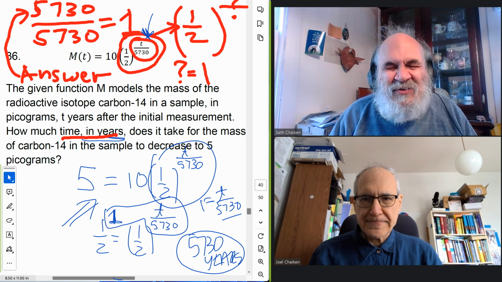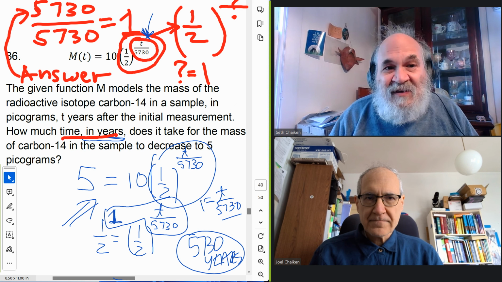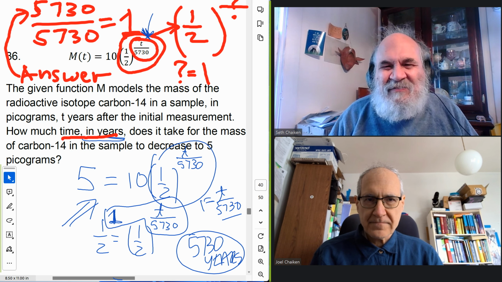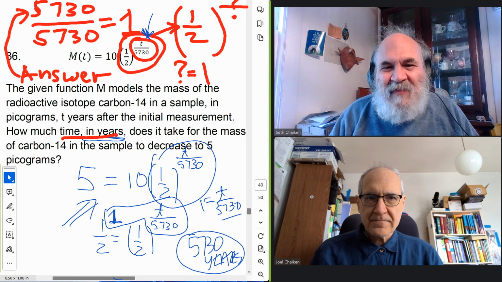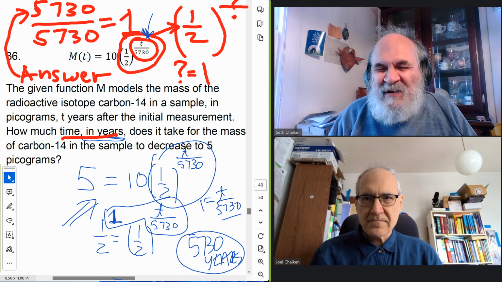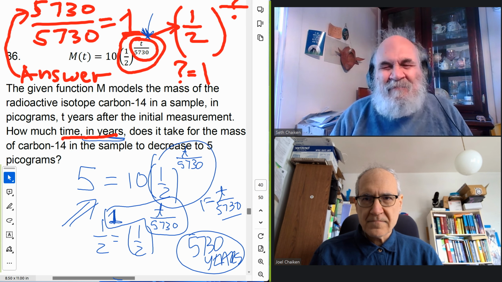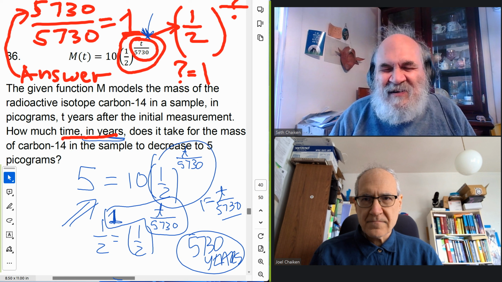The exponential needs to be 1/2 when the mass goes down to 5, and the exponential becomes a half when the exponent is 1, and the exponent is 1 when the numerator equals the denominator. The denominator is 5,730. So the answer is 5,730.